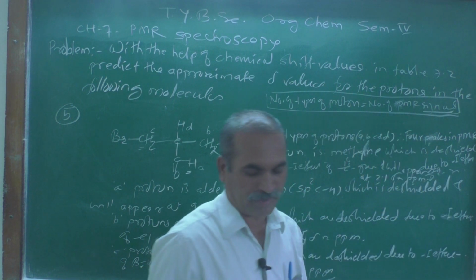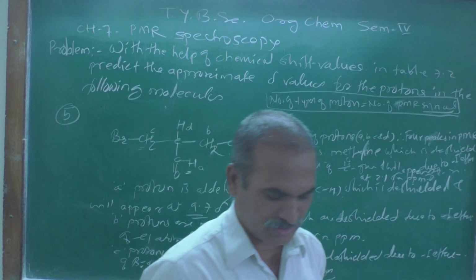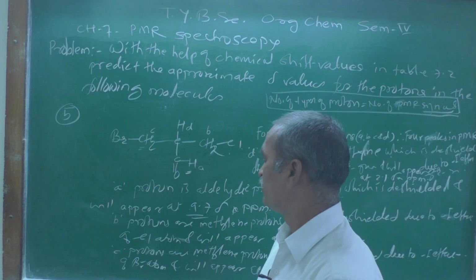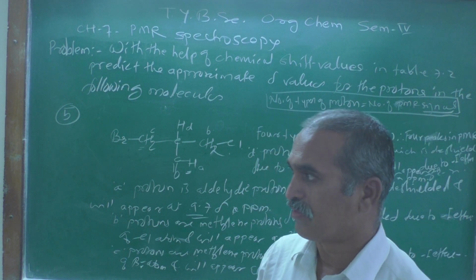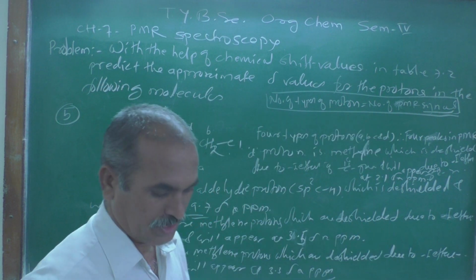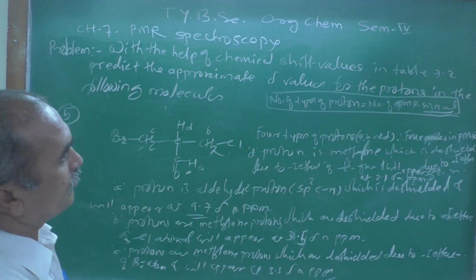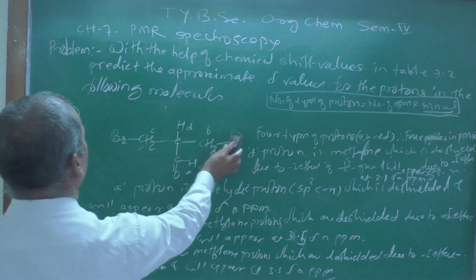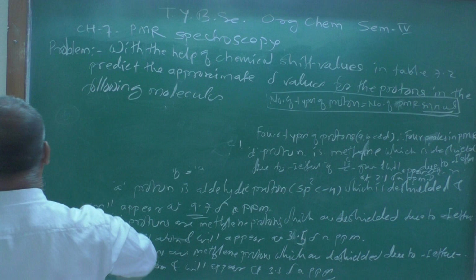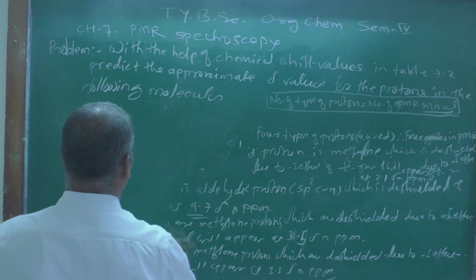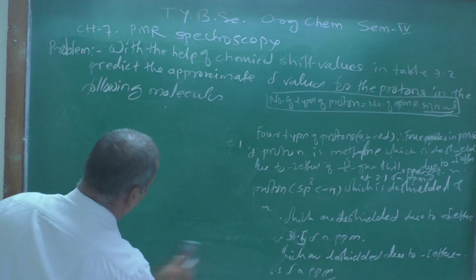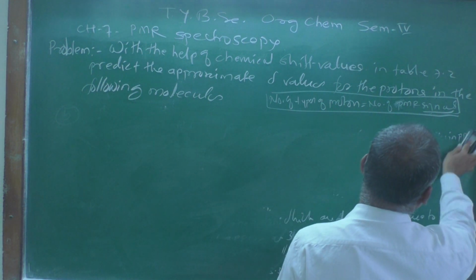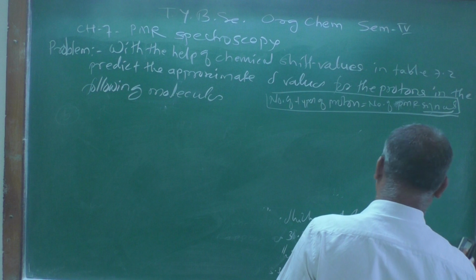Those are the approximate values. So in this way we have learned the different chemical shift values. Let us see one more example here so that we are able to predict the problem based on it.